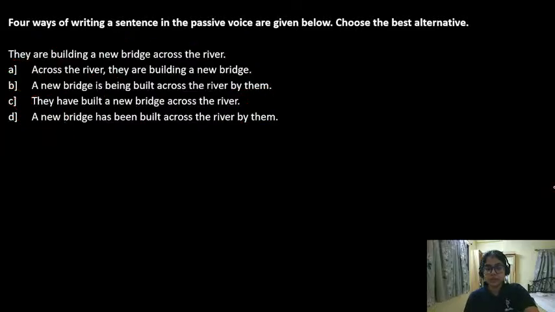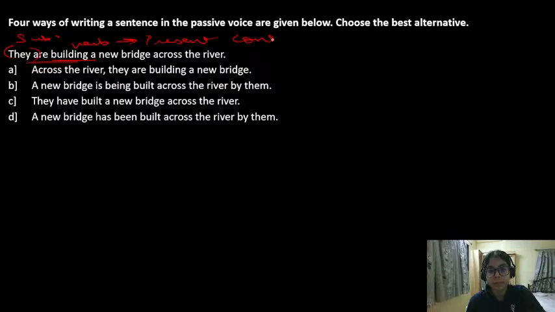All right, oh, we have one more. Let's do this. Okay, they are building a new bridge across the river. So they are building is your subject, and the verb is written in are building, so this is in present continuous. A new bridge across the river, so we can just put them at the last.